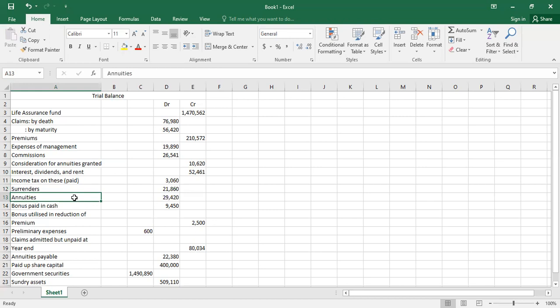And these are the annuities. So annuities are expenses. Then I have bonus paid in cash. It will be an expense to the insurance company. Then I have bonus utilized in reduction of premium. Also an expense.